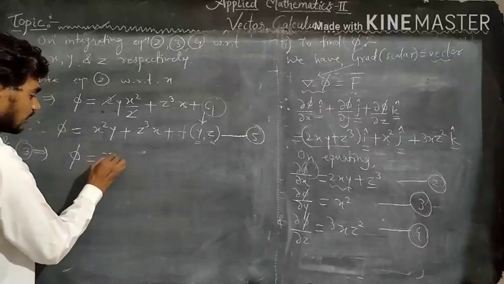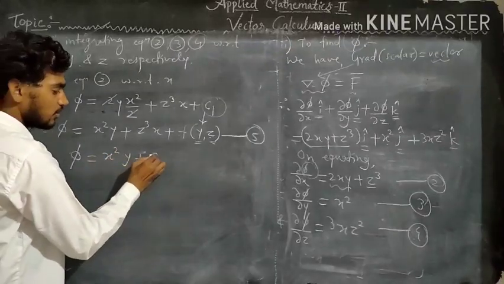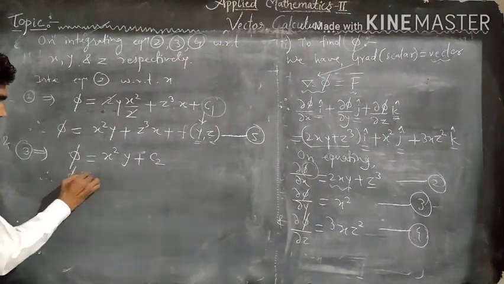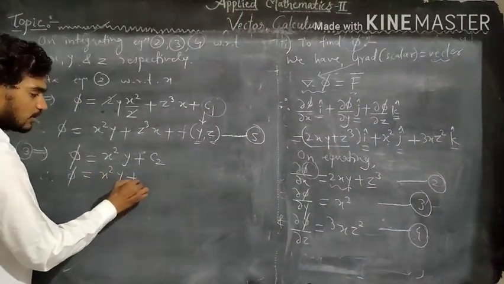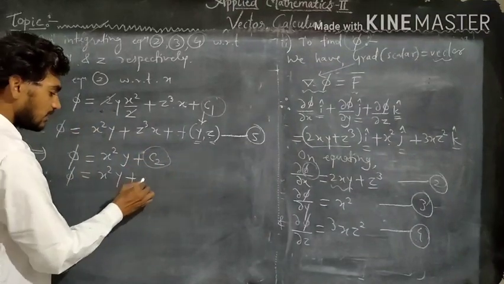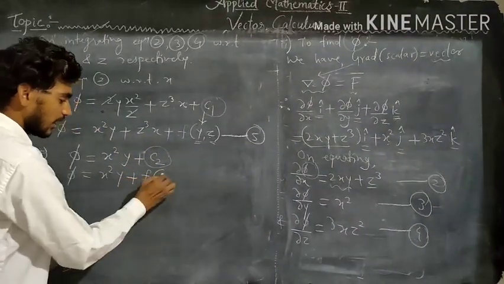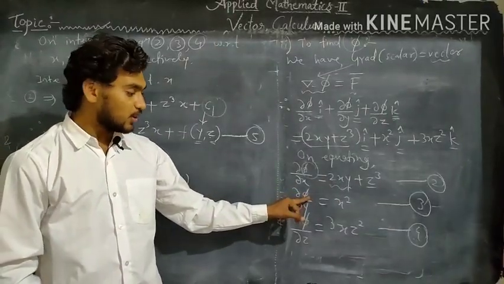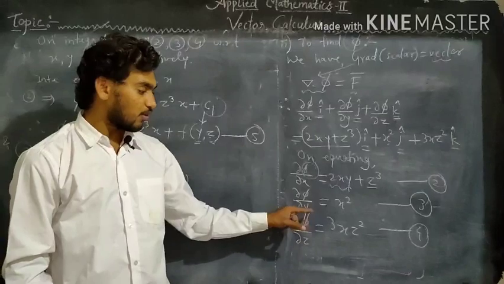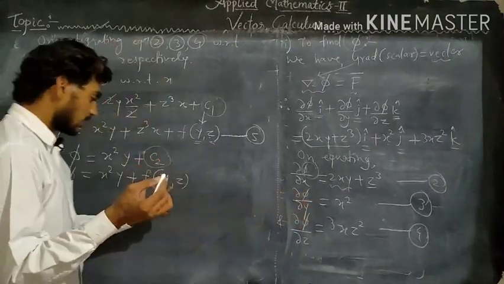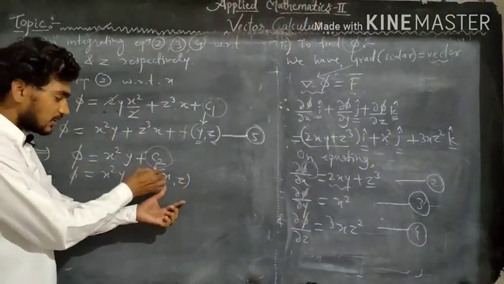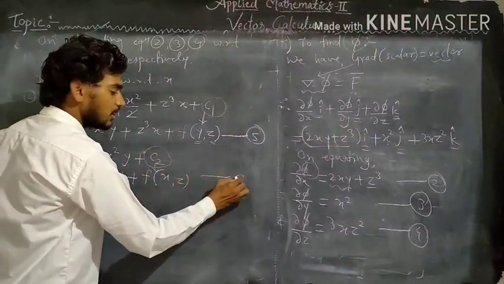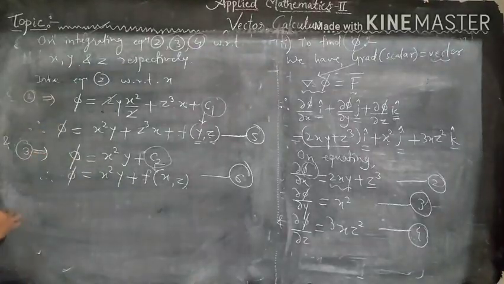So it is x square y plus constant c2. Therefore phi is equal to x square y plus constant c2, which can be replaced by f of x comma z. Again we have integrated with respect to y, and for y, x and z are constant, so we have replaced c2 by a function of x comma z. So equation number 6.